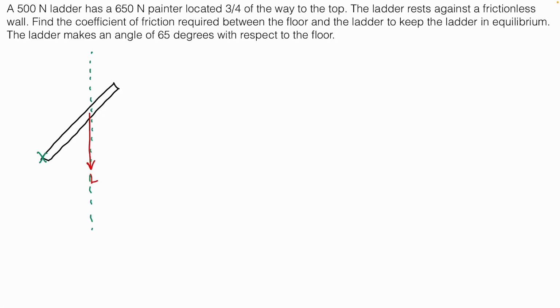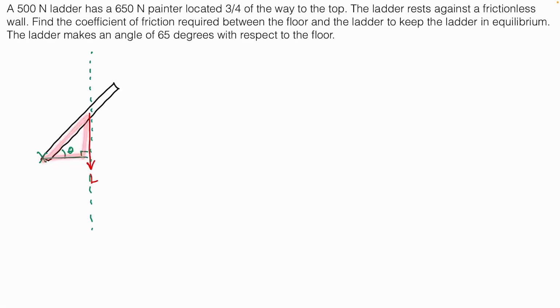What direction is perpendicular to vertical? Horizontal. So I need the horizontal distance from my axis. Here's my angle. What is the distance up the ladder, like the hypotenuse? So I now have a right triangle, right?